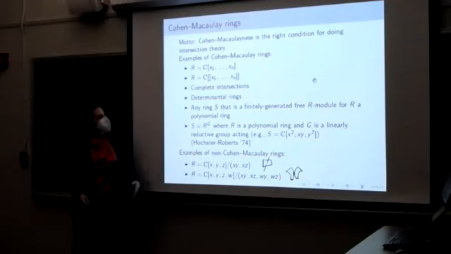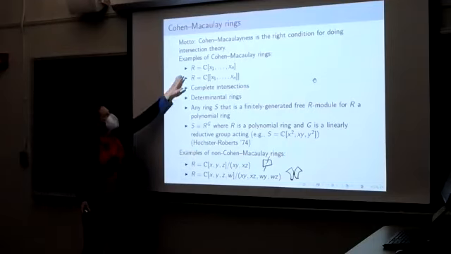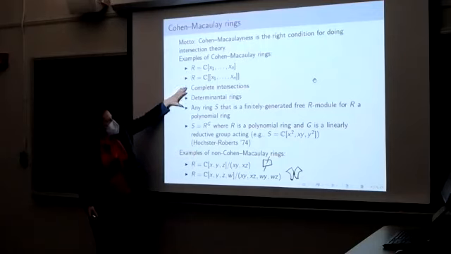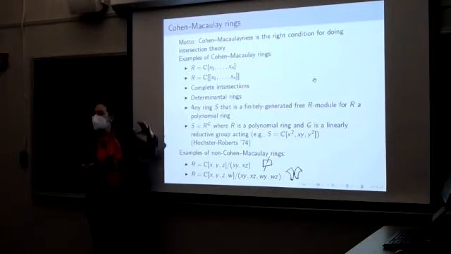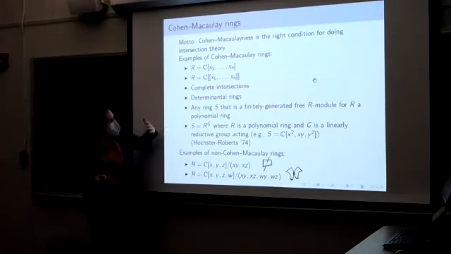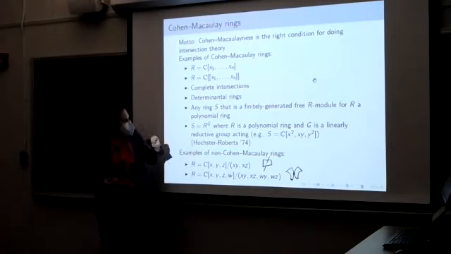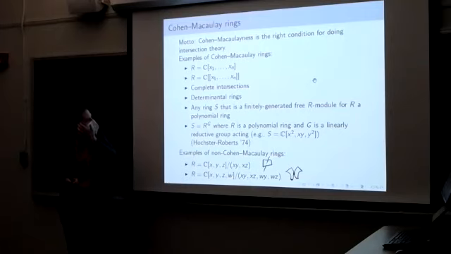So Cohen-Macaulay is we can take generic hyperplane sections happily without causing any dimension issues and get down to something finite dimensional. Some examples of Cohen-Macaulay rings are polynomial rings, power series rings, complete intersections, determinantal rings. So these are things like we've been looking at, where we define an ideal by minors of a generic matrix. And this is the Hochster-Roberts theorem, rings of invariants of linearly reductive groups.